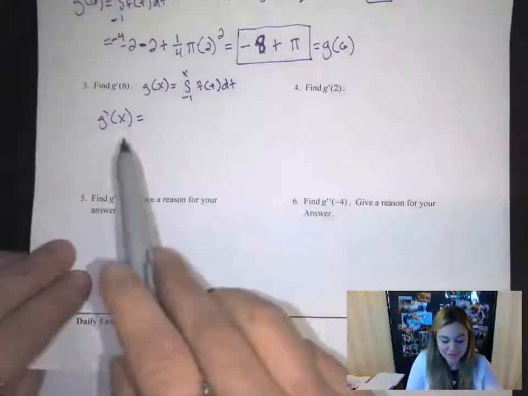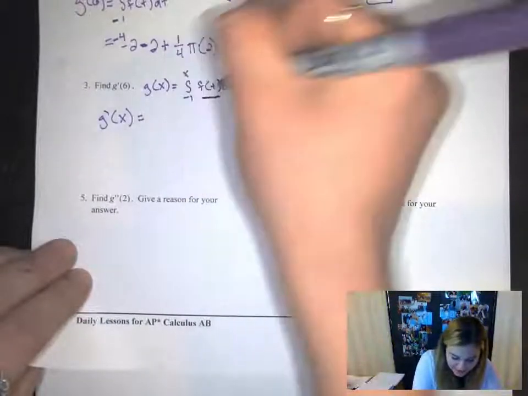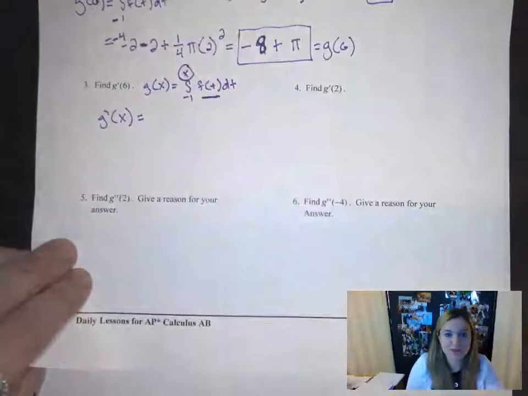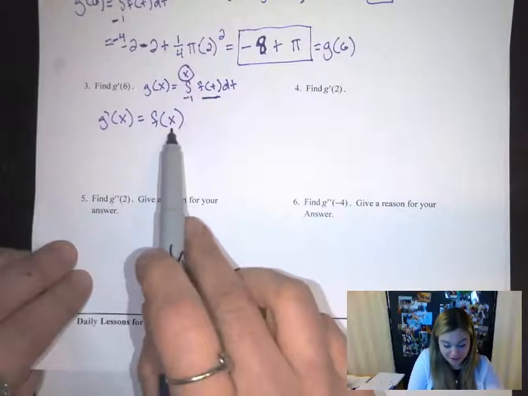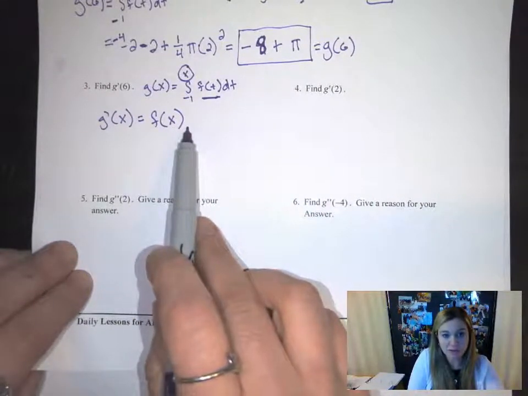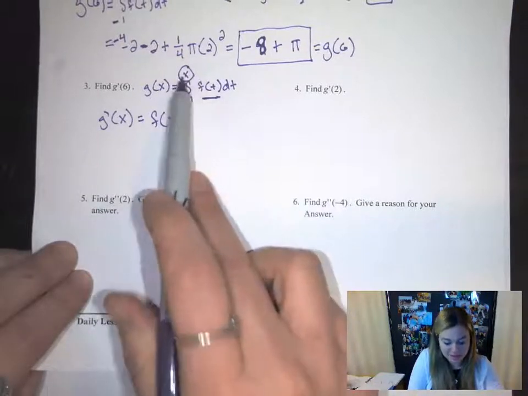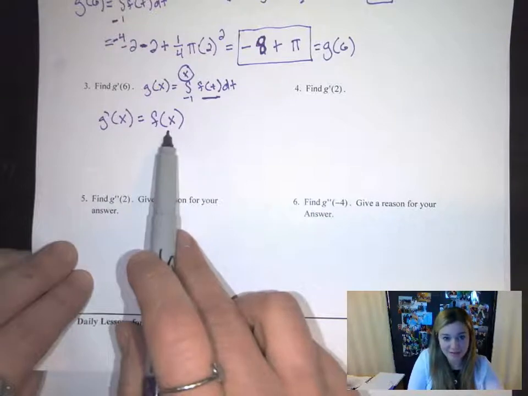If I'm doing the derivative of an integral, remember it's just the stuff on the inside with this substituted. If this happened to be an x squared or something like that, you would still have to substitute, so you get x squared, but you'd have to multiply it because of the chain rule, times 2x. This we're technically still multiplying by 1. So we've got g prime of x equal to f of x.